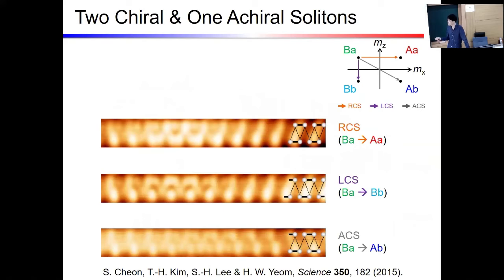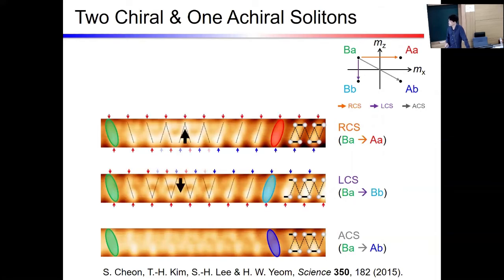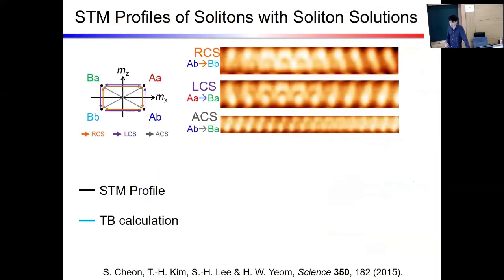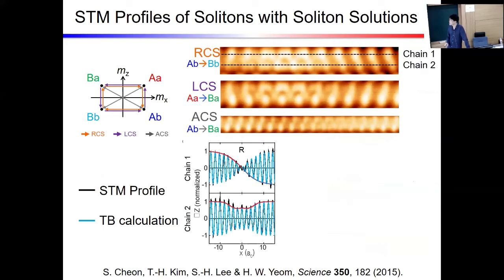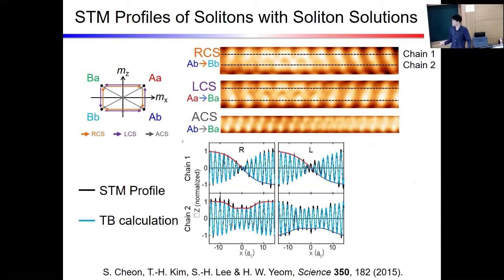And this soliton we can also find using STM in real space. As you can see here, this is exactly the same as the previous atomic model. And we can also predict using tight binding calculation, and the STM profile matches well with the real profile. As you can see, the two are close to each other.